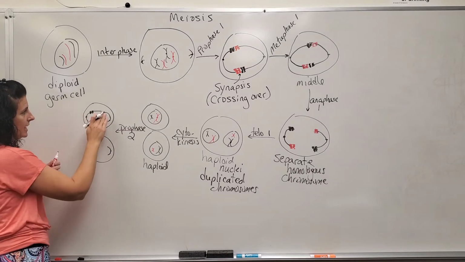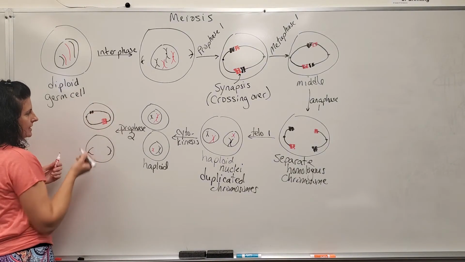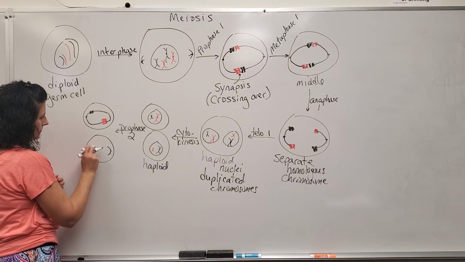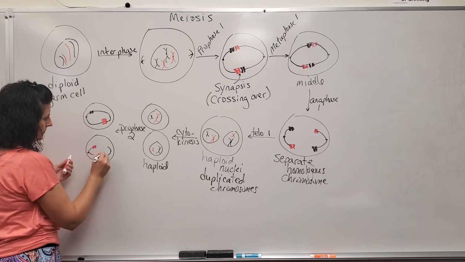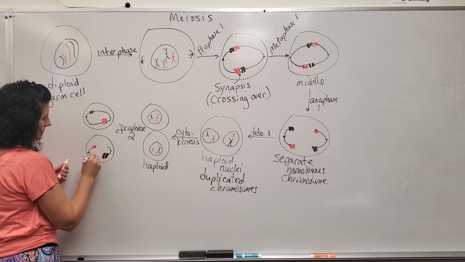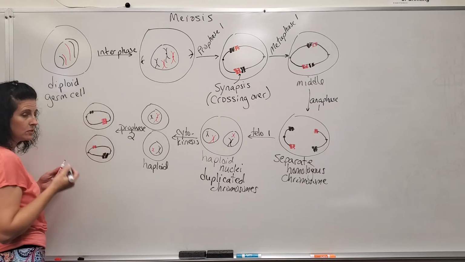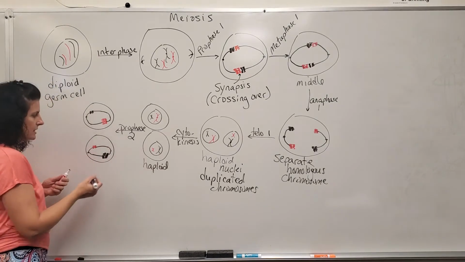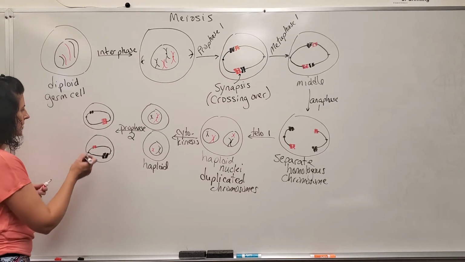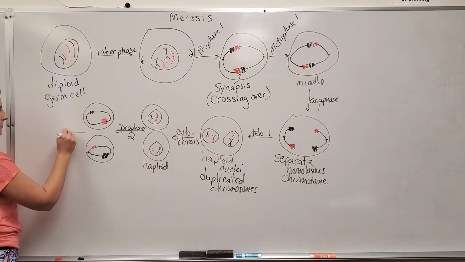Okay, and they're going to attach to microtubules from opposite sides, and the same thing happens in our other cell. Okay, so we've attached to our sister chromatids, they've condensed, and we've gotten rid of the nucleus. So now we're ready for metaphase.